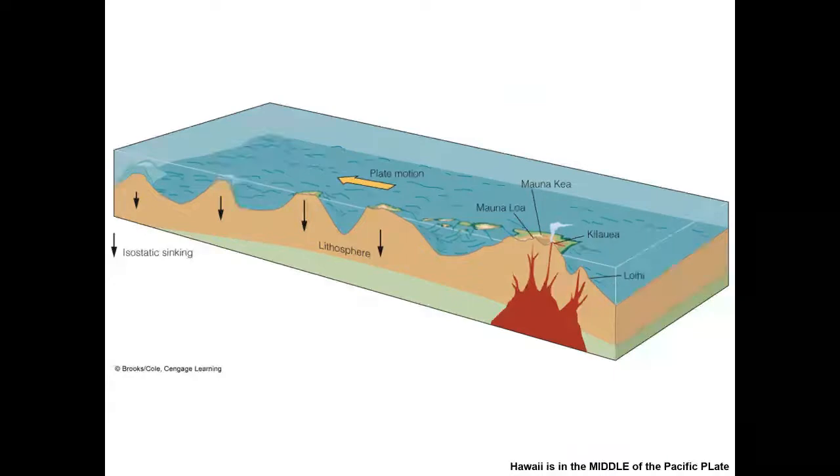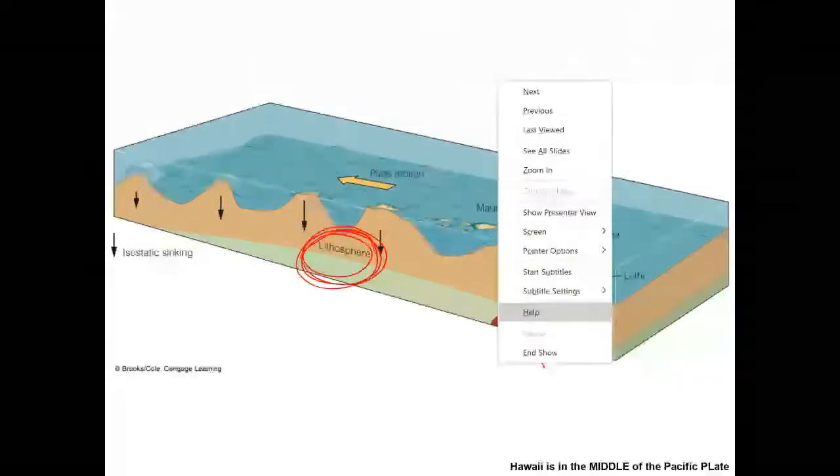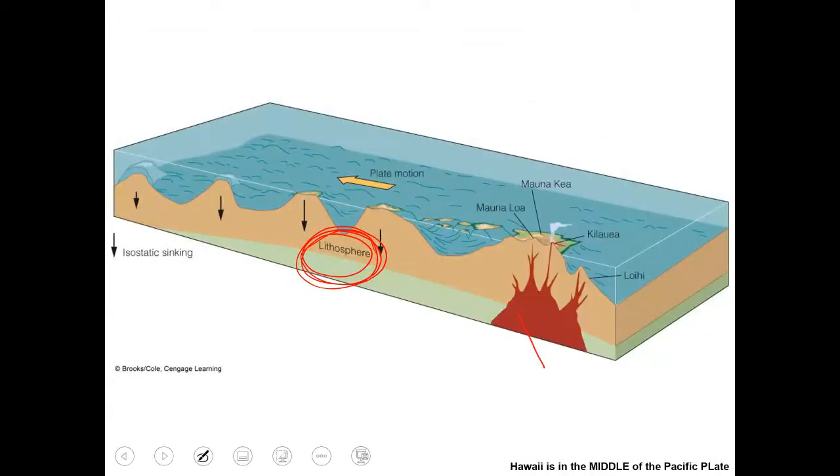Isostatic is us trying to have neutral, a balance. Isostatic sinking, though, is telling us that a plate, remember a lithosphere is 2 types of crusts, that a plate is sinking into, this is representing the mantle, okay? This is representing the actual convection current in the mantle.